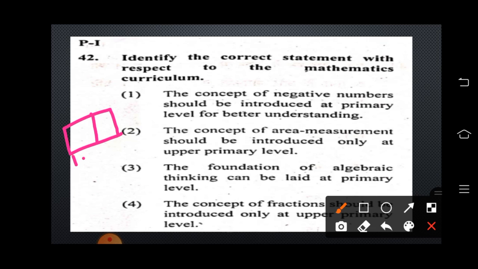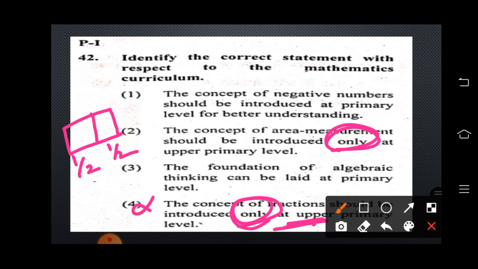So this shows that this is 1/2 and this is 1/2. By using concrete things we can explain fractions, and the concept can be introduced at the primary level also, not only at the upper primary level. Here you can see that the word 'only' makes those statements the negative ones. Only at the upper primary level is the wrong one, and option 3 is the right answer.